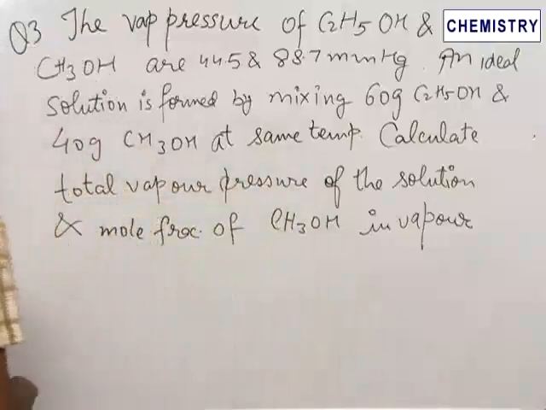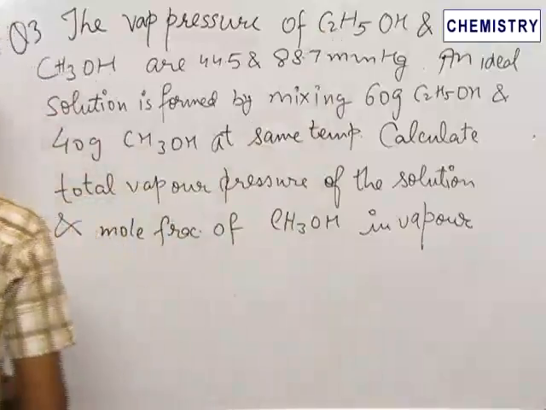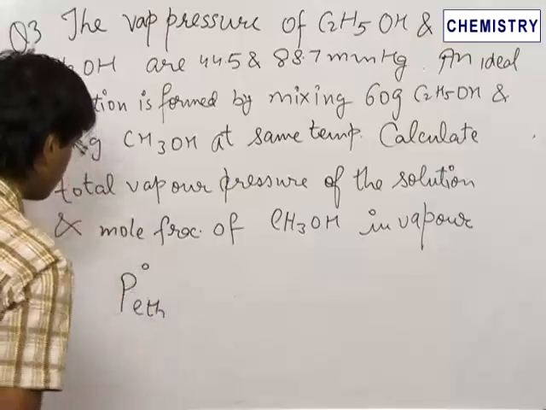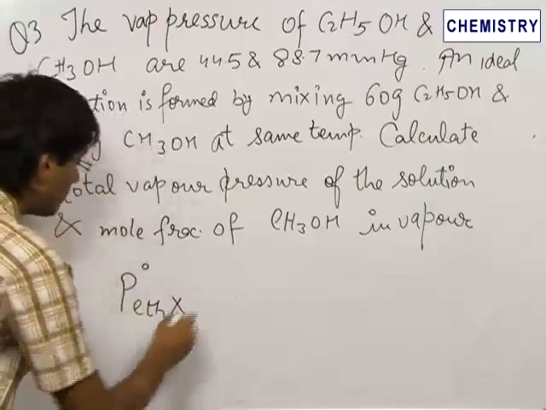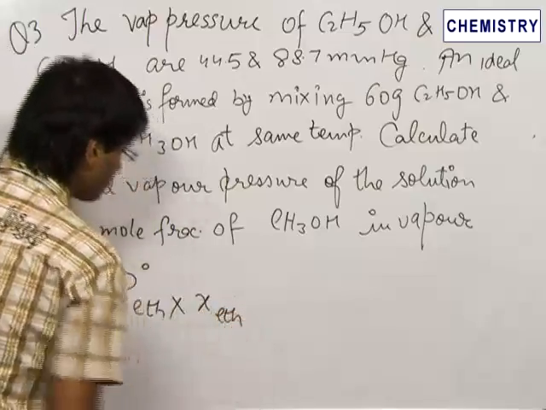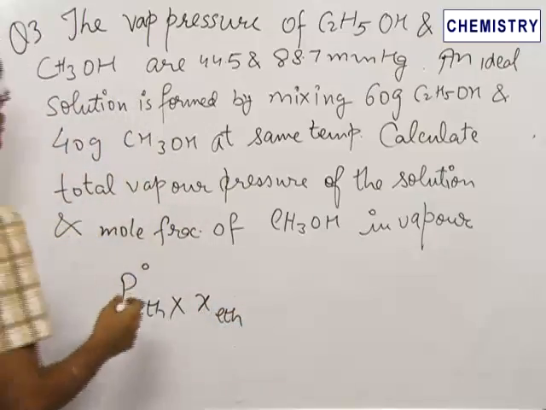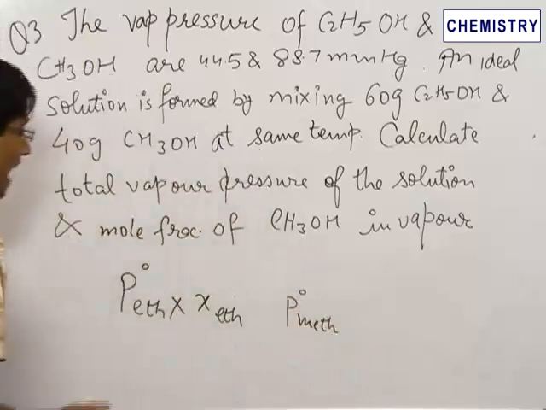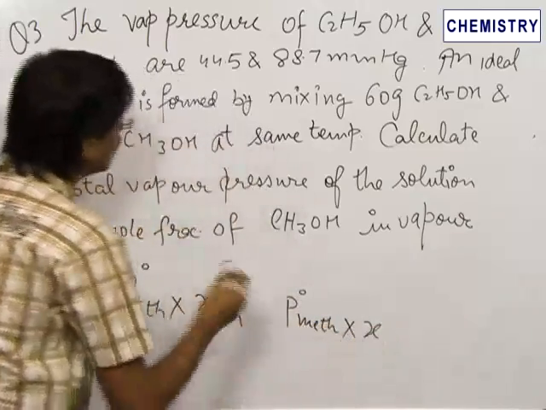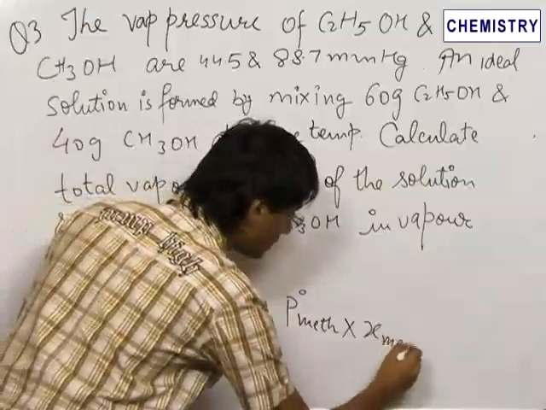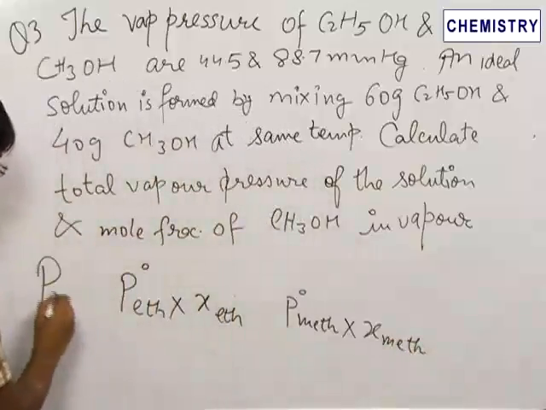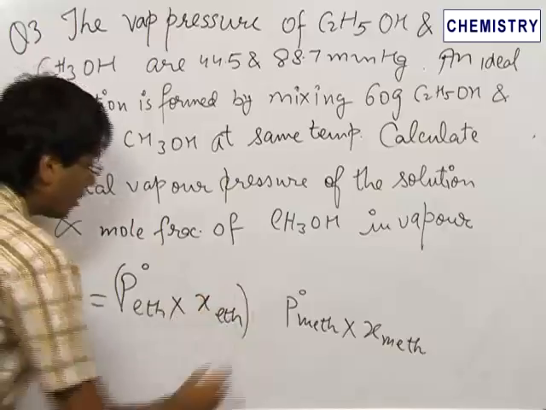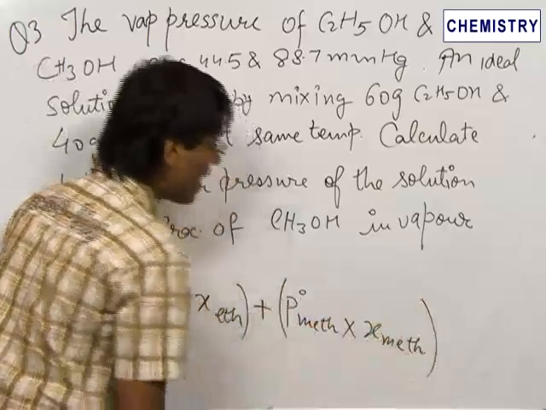If we assume the vapor pressure of ethanol to be equal to P naught ethanol and assume the mole fraction of ethanol to be equal to X ethanol, and if we assume the vapor pressure of methanol to be P naught methanol and the mole fraction of methanol in the solution to be equal to X methanol, then the total pressure can be found out by the summation of P naught ethanol into X ethanol and P naught methanol into X methanol.